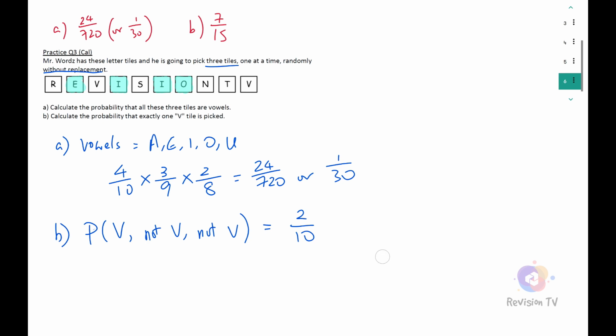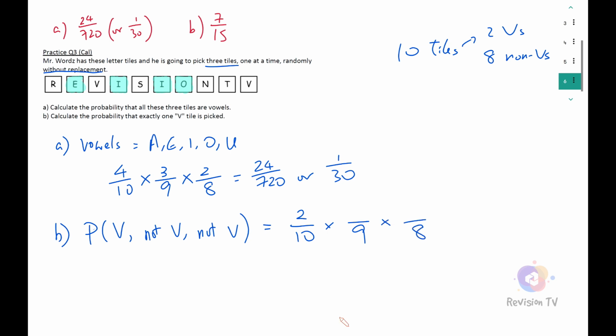Second time it's not a V tile. So now in the 10 tiles, there are 2 V's and 8 non-V's. If the first one is a V tile, that means the second time there will be 8 non-V tiles left, out of 9, and the third time we pick it will be out of 8.